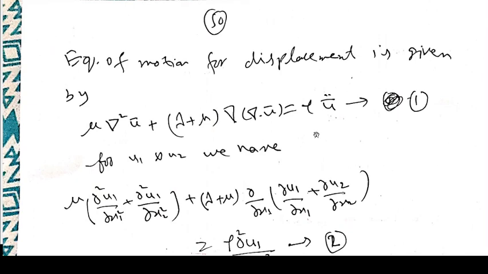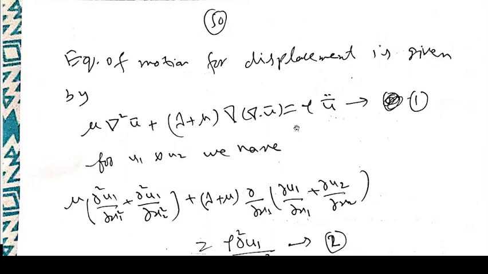Now this is the equation of motion for displacement, and you can see that this is for the isotropic material, as we are supposing that we have isotropic material in the half space. So that is why we have considered this type of equation that is particular for isotropic material. Equation number 1 is a vector form of the equation. u is the vector, and you have 3 components: u1, u2, u3.